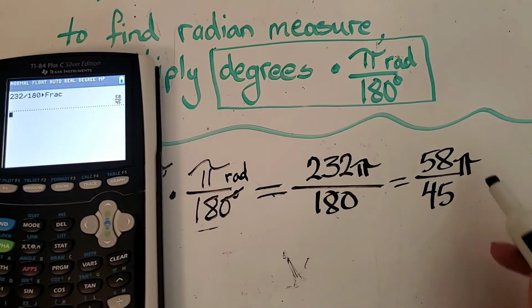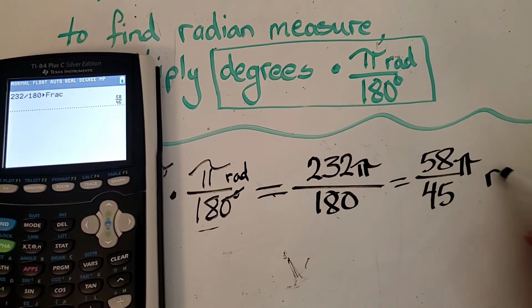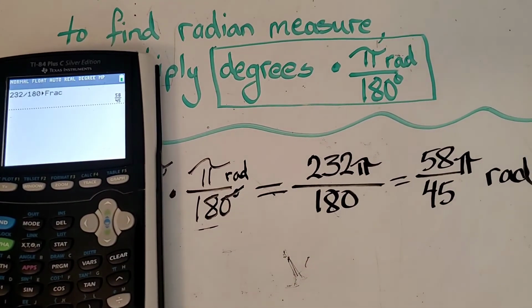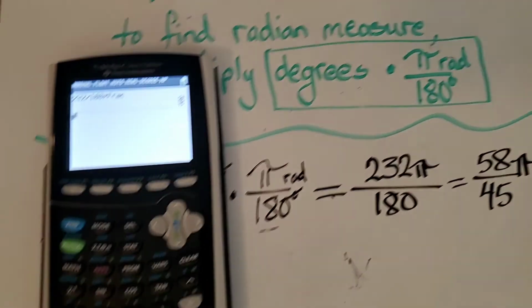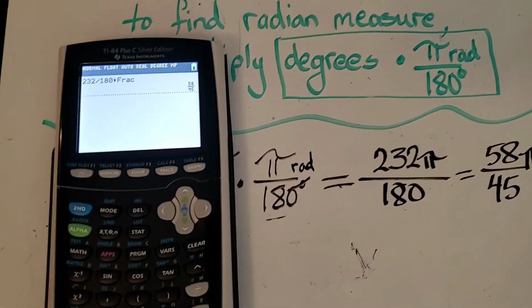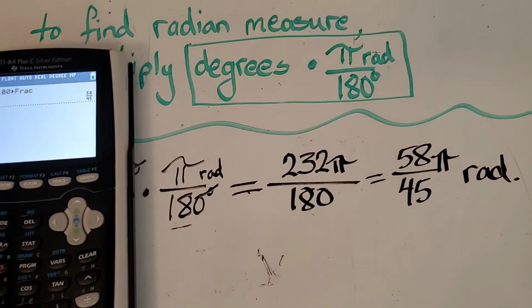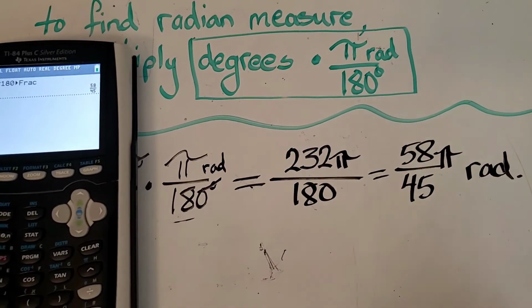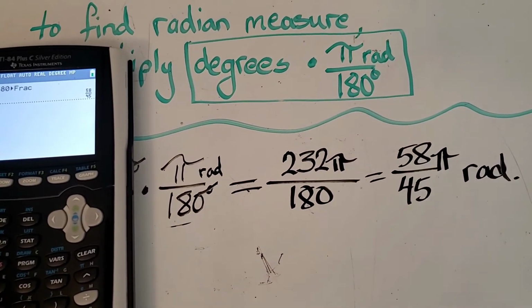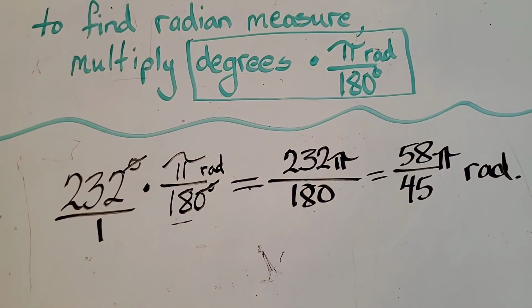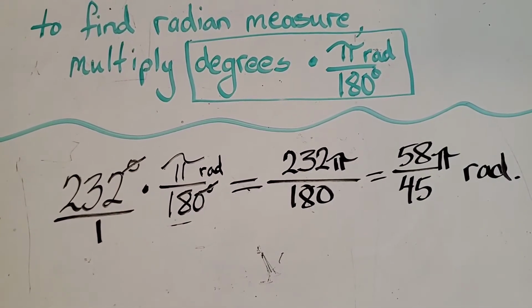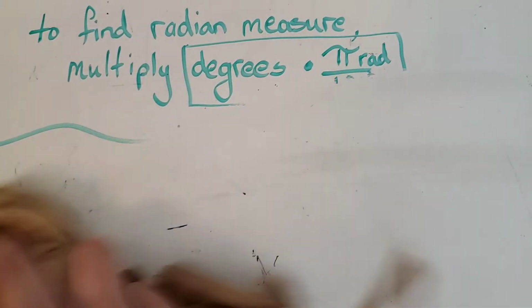So 58 pi over 45 radians. And that's how we swap. Sorry, camera's moving there. That's how we swap from degrees to radians.